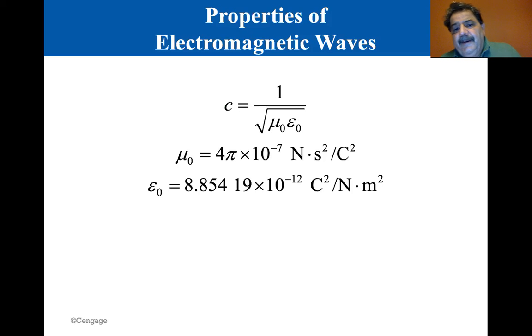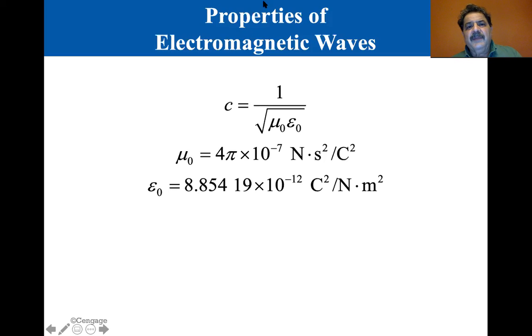And if you calculate all of that out, you end up with, in the denominator, second squared over meter squared. If you take the square root of that, and since it's in the denominator, you'll reverse it, you'll get meters per second.